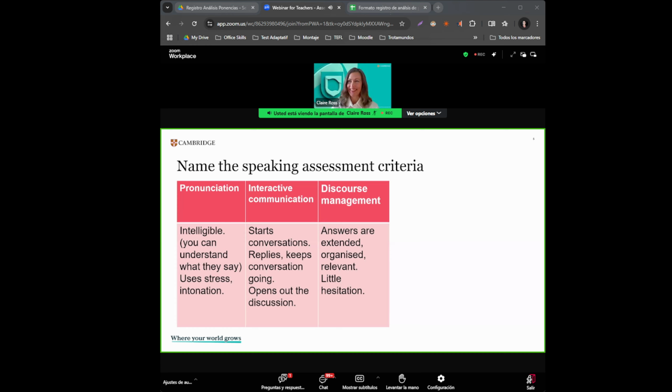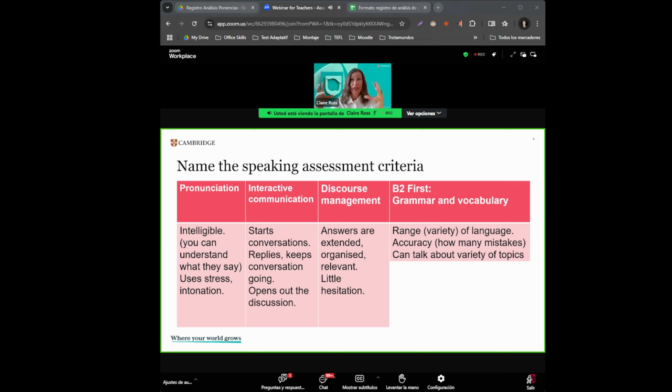And what remains? So what about range and accuracy? What does this cover? And talking about different topics. Right, so people are saying grammar and vocabulary. You're absolutely right. So if you're preparing your learners for B2 First, these are grouped together as grammar and vocabulary.